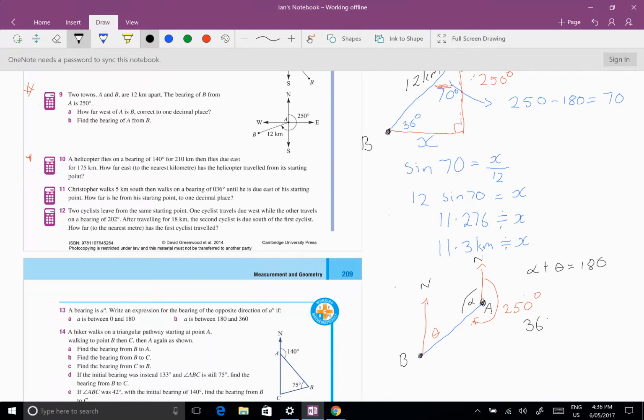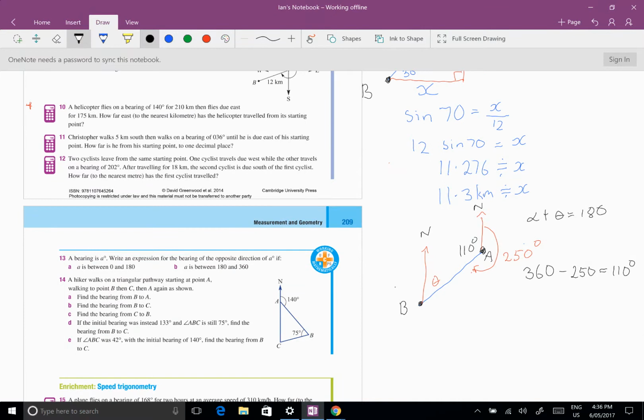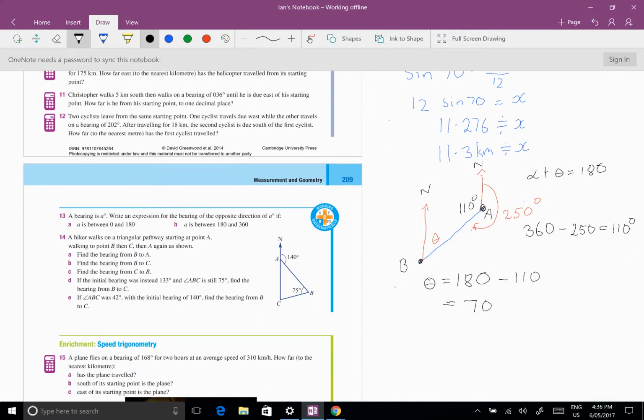So alpha equals 360 minus 250, which equals 110 degrees. And I know that theta plus 110 must equal 180, so theta equals 180 minus 110, which is 70. So the bearing is 070 degrees true.